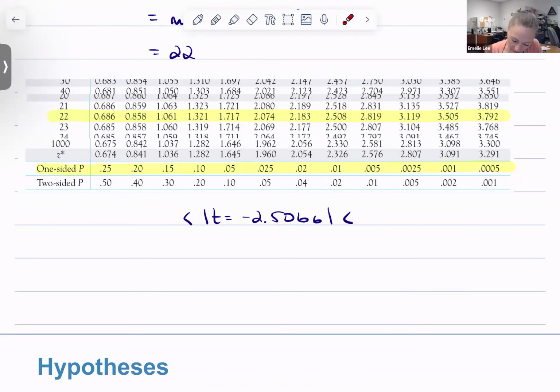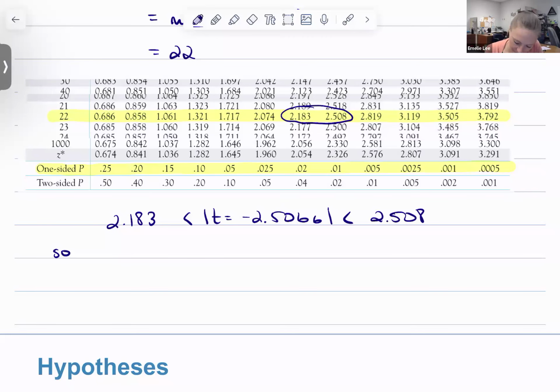So 2.5066, I go out further and further into the tail until I am between these two values, 2.183 and 2.508. Kind of a tricky one, I think, because I have to remind myself that 2.507 is less than 2.508. But besides that, I'm between these two values.